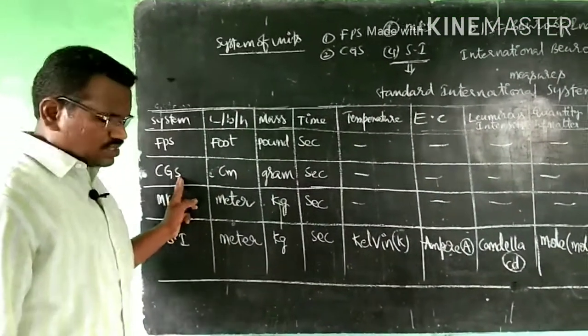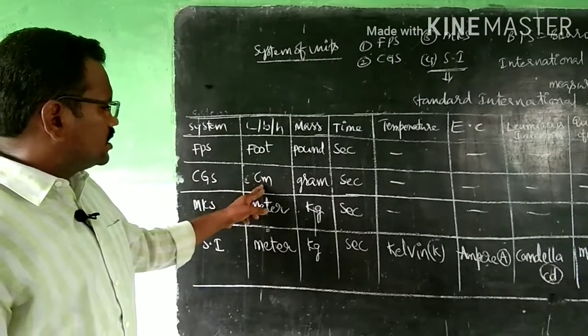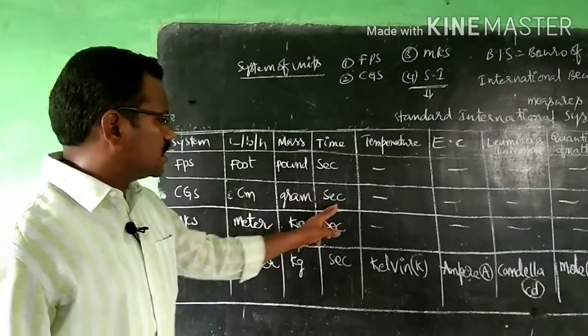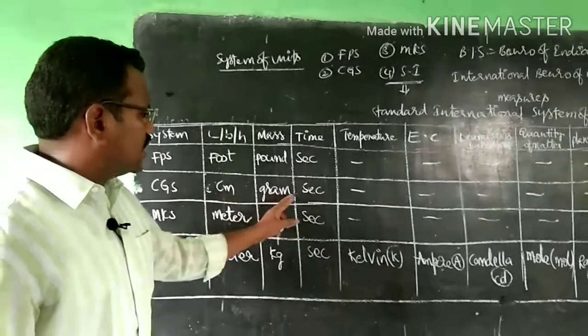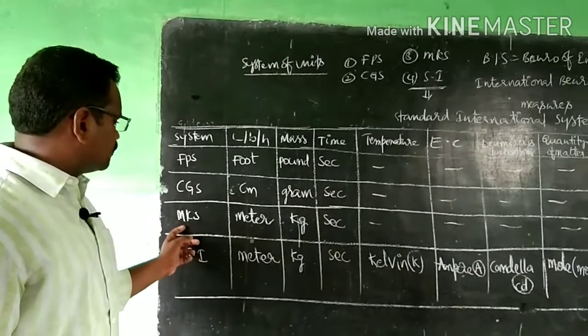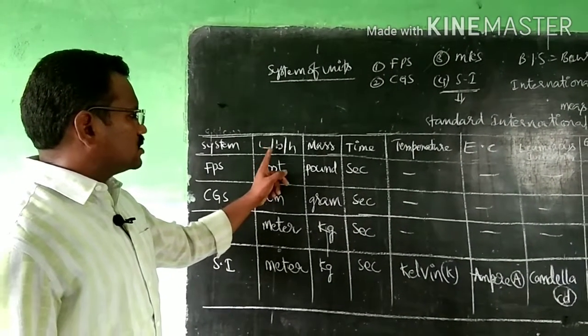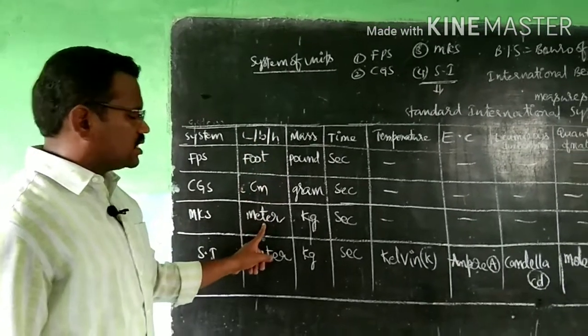Now comes CGS. The CGS system is nothing but centimeter, gram, second. Now comes the MKS system. In the MKS system, the unit of length, breadth and height is meter.